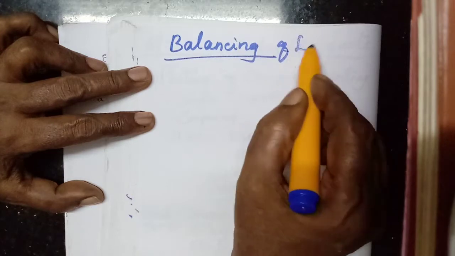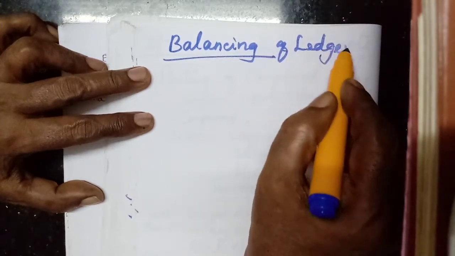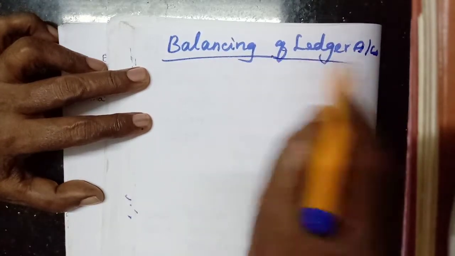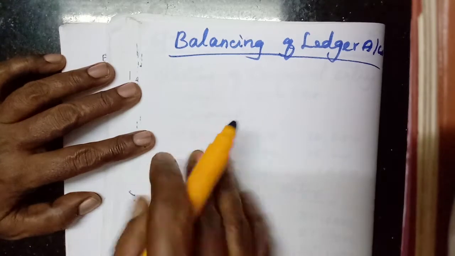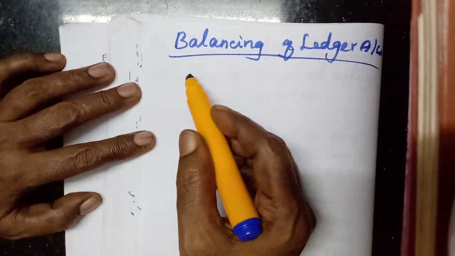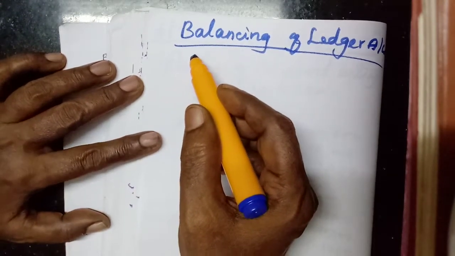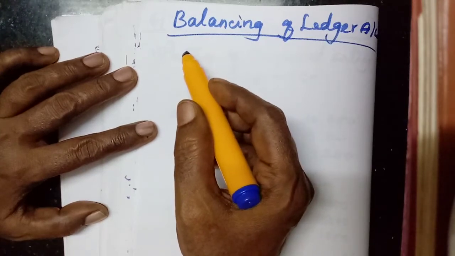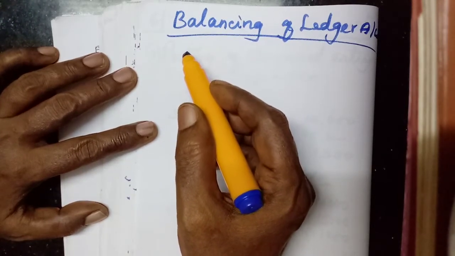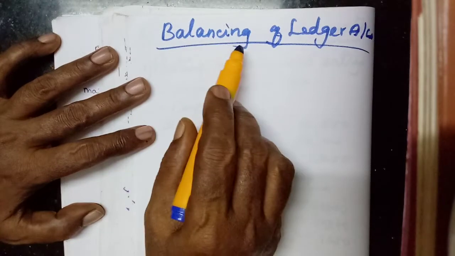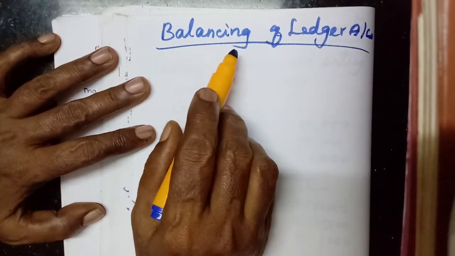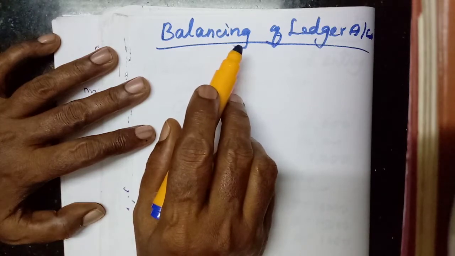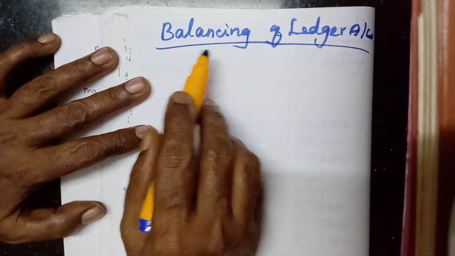Here the owner or the proprietor wants to know the net effect of a separate account. Net effect: what is the total payment or total receipt of a particular account he wants to know. So at a frequent interval, maybe daily, weekly or monthly, they can balance the account.